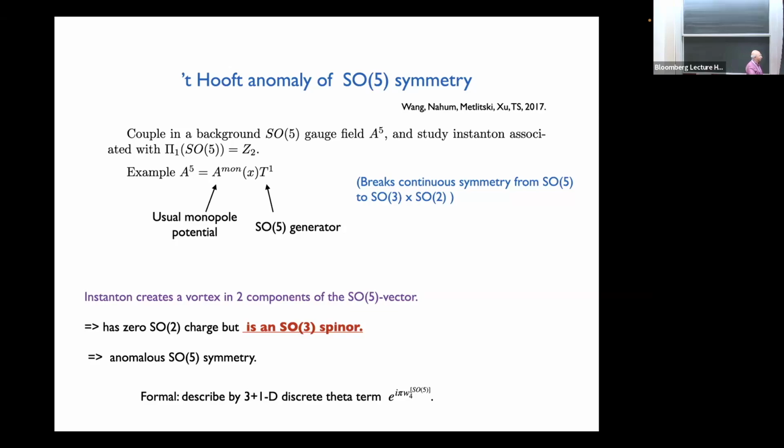I learned about this from a paper that they wrote 10 years back, on discrete theta terms. In fact, we use their paper quite comprehensively in this work. So this is the characterization of the SO5 anomaly for those of you who know exactly what this means. Otherwise, you have to understand this.